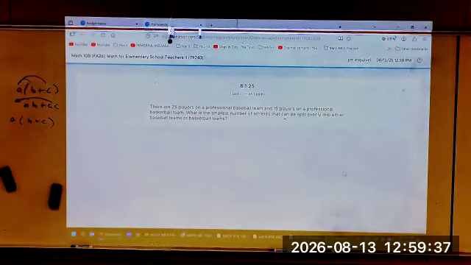What is the smallest number of athletes that can be split evenly into either baseball teams or basketball teams? It's not a great worded problem.